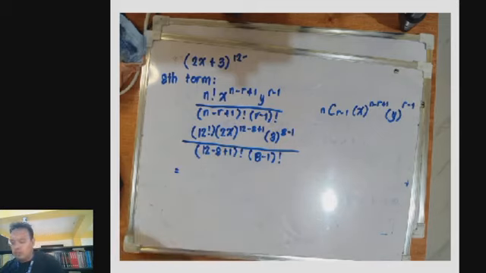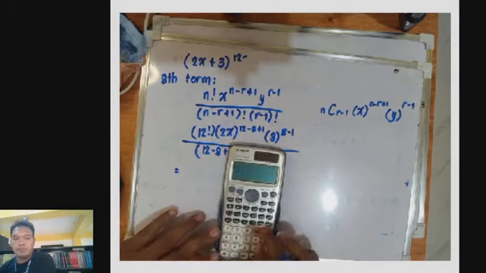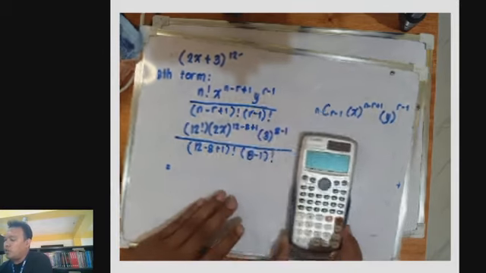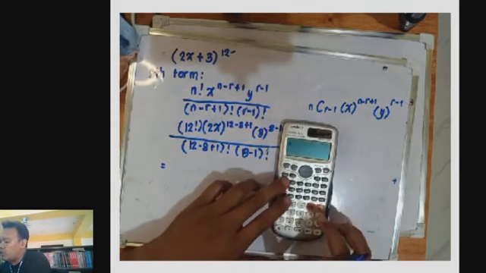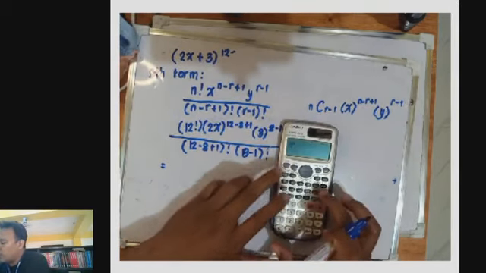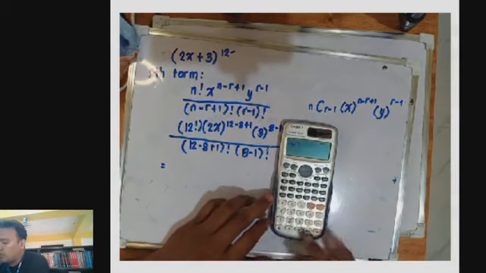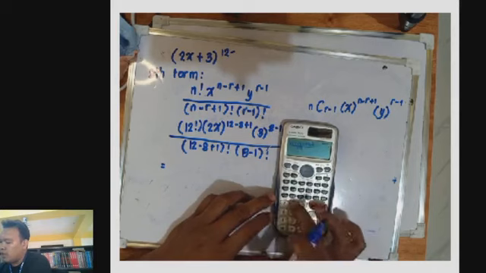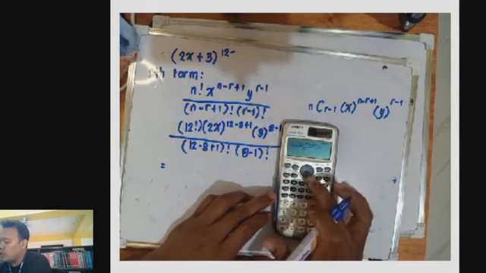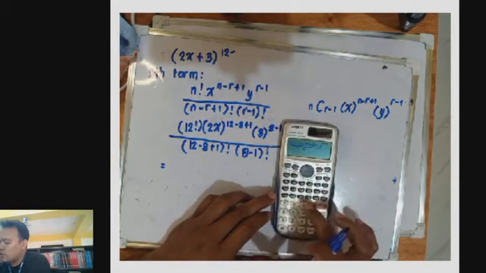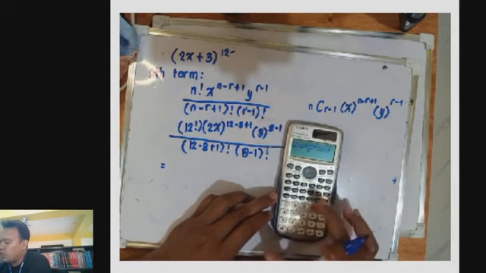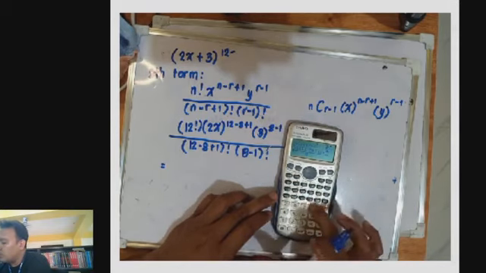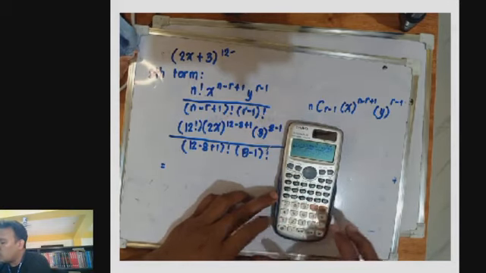So ito yung calculator. So we have 12 factorial multiplied by 2 raised to 12 minus 8 plus 1. Tapos we have 3 raised to 8 minus 1.